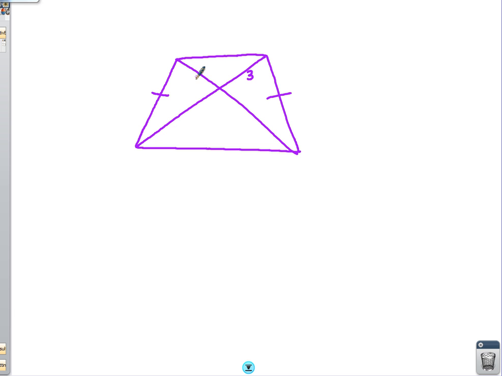PY is 3. Let's go ahead and put 3 and 3. Remember the symmetry. If the whole thing's 18, that leaves you with 15 and 15. Everybody okay with that? I think that pretty much answered the question. What is PW? It would be 15. The whole thing was 18, and they gave you this part was 3. So for the rest of it, segment addition partial, I believe is what it was called. If the whole segment is 18 and the small segment is 3, subtract to get the other segment.